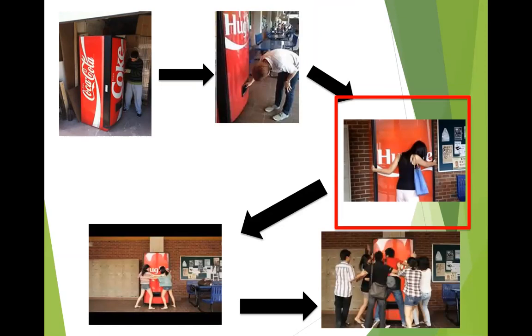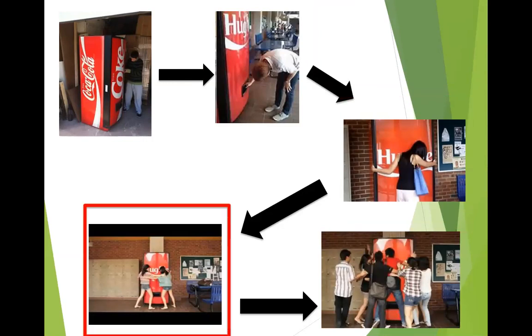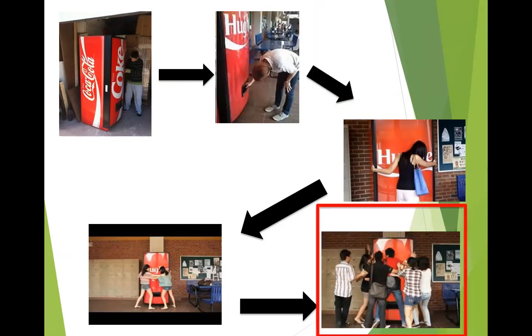That hasn't worked. He's not getting his soda. Maybe then he moves to bring in a friend and they're both going to be shaking, kicking, doing whatever they can to get that soda out. Still not working. We bring even more people in, really try and get this thing shook up and hit, kick, whatever, but still not producing any type of Coke.